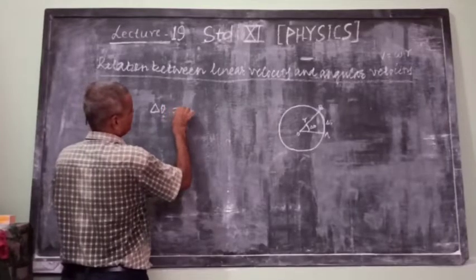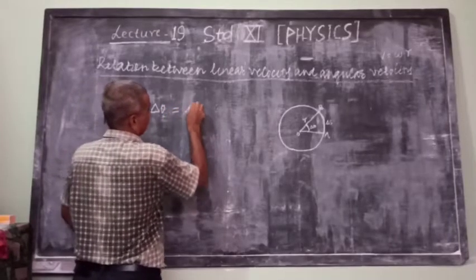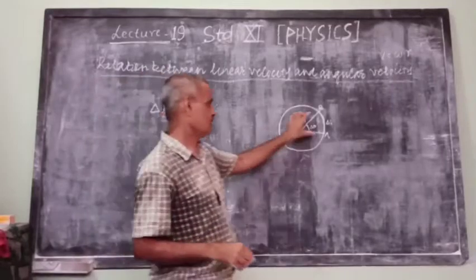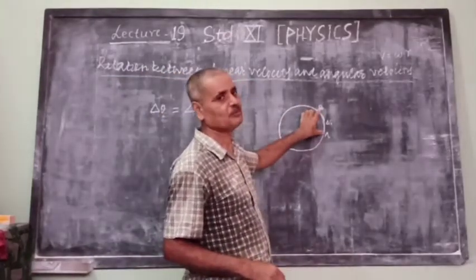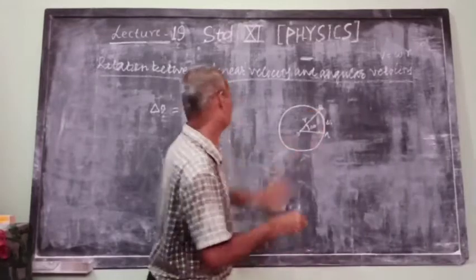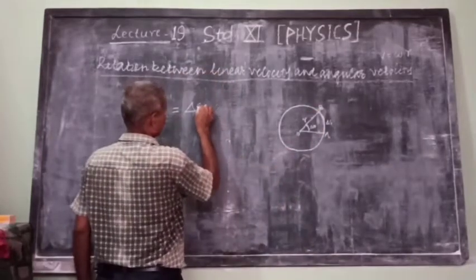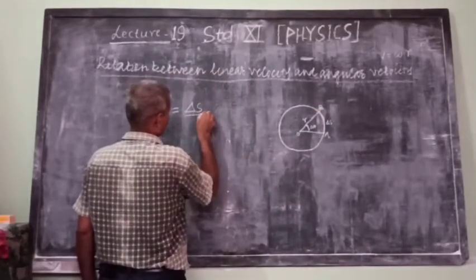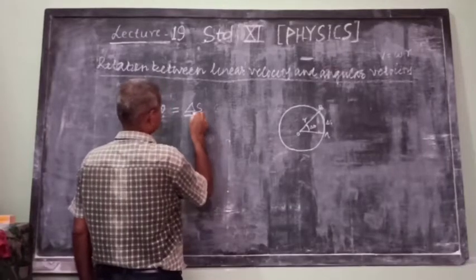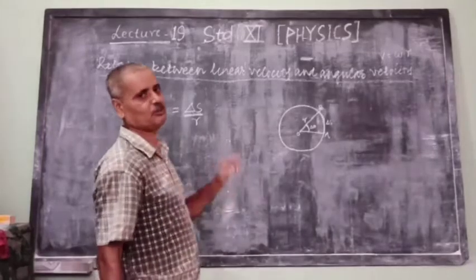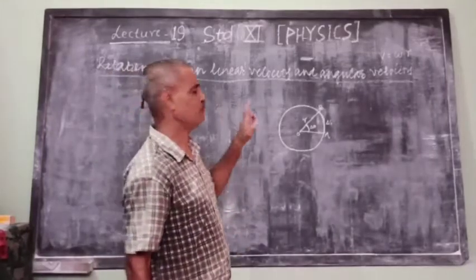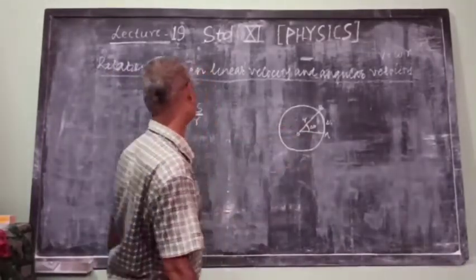It is equal to L, which means length of the arc. In this diagram on the circular path, this is your delta s, by r. Theta is equal to L by R. That is the basic formula we are using in this way.